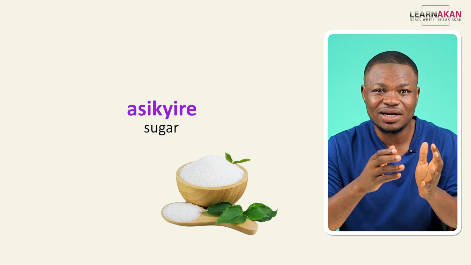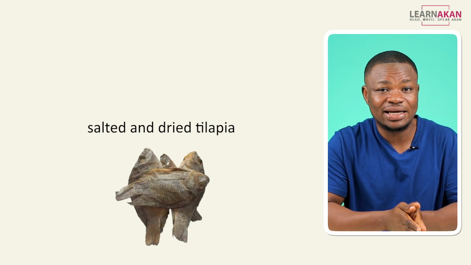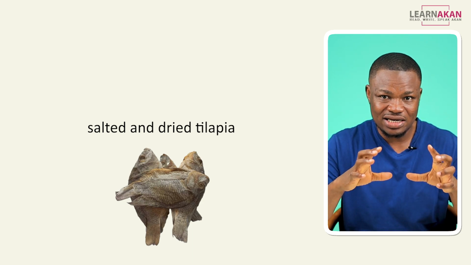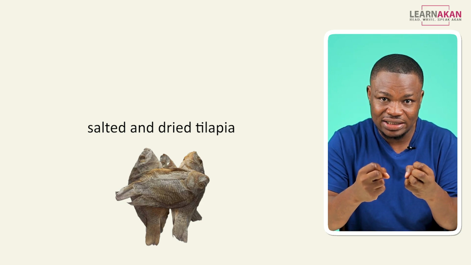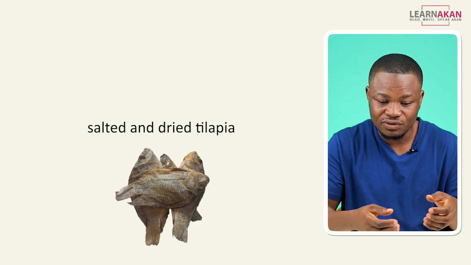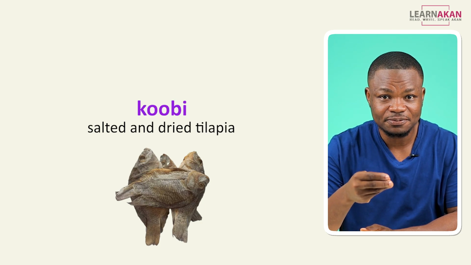And then we have something that is very popular in Ghana, and that is salted and dried tilapia. So when you go to the market in Ghana, you find tilapia that has been salted and dried. We use that to prepare stews for our ampesi and all that. We call that kobi.